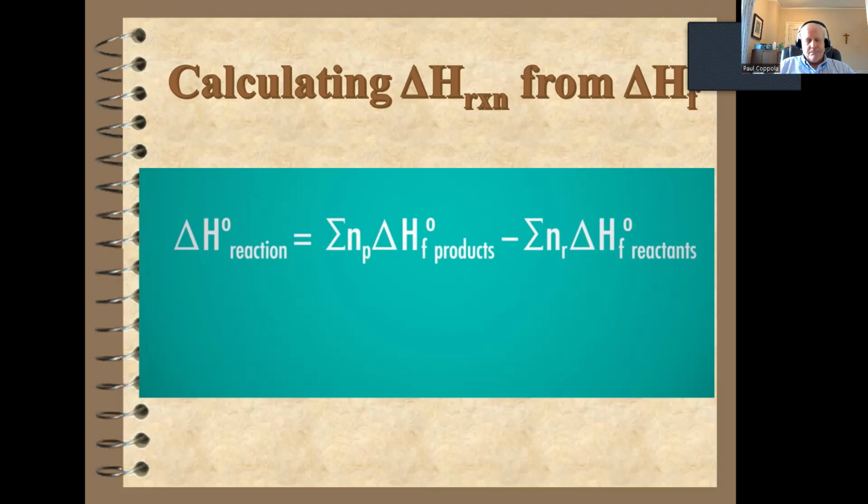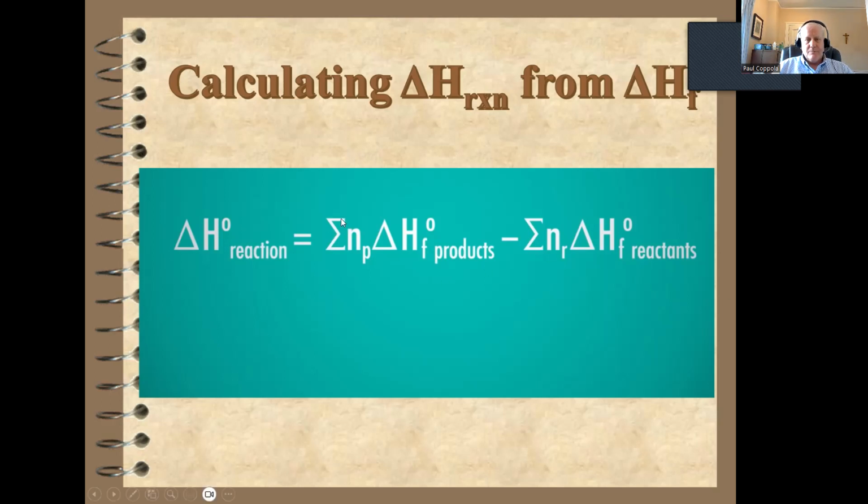All you do is add up the values for the heats of formation of the products, add up the heats of formation of the reactants, and take the sum of the products minus the sum of the reactants. And remember, you have to take the coefficient in the equation and multiply it by each product and each reactant when you're finding the sums of the products and the sums of the reactants. So even though it looks complicated, it's really not.